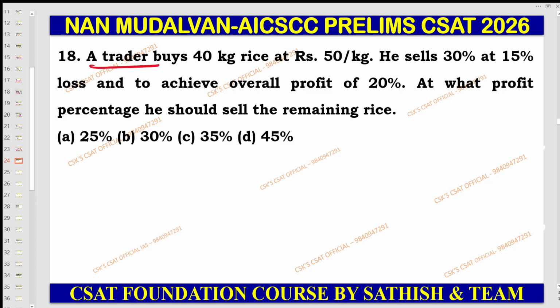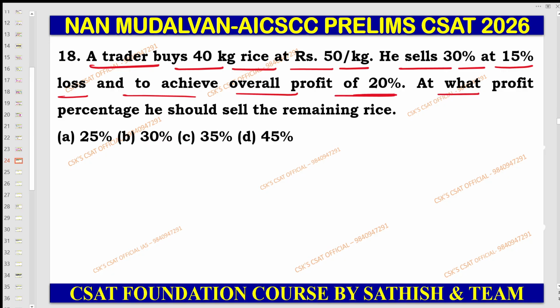Next. A trader buys 40 kg rice at rupees 50 per kg. He sells 30% at 15% loss, and to achieve an overall profit of 20%, at what profit percentage should you sell the remaining rice?